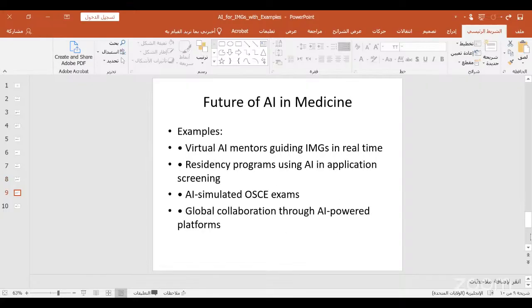Future of AI in medicine. For example, virtual AI mentors guiding IMGs in real time, which we are doing here. Dr. Nader, thankfully, is guiding a lot of fellows into the US residency pathway, as well as a lot of other senior fellows who have been matched.